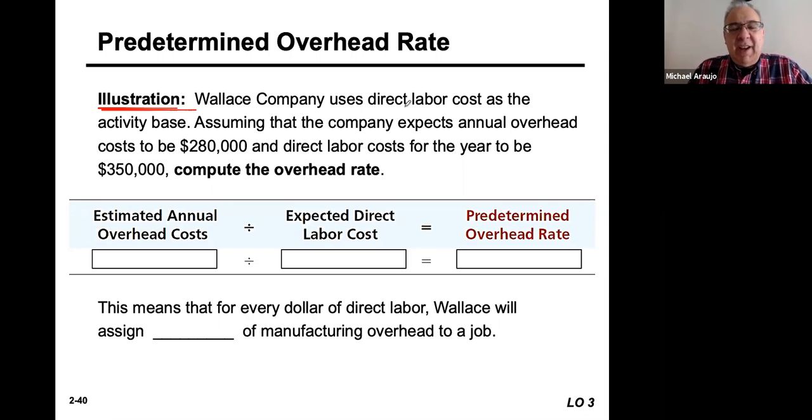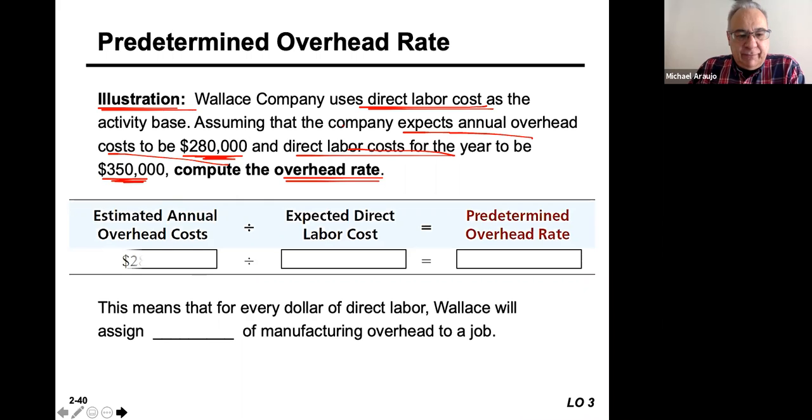Wallace Company. They use direct labor costs as the activity base. So assuming that the company expects the overhead costs to be $280,000 and the direct labor costs to be $350,000, the overhead rate is the 280 divided by the 350.